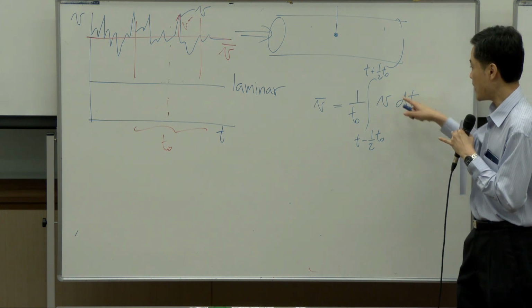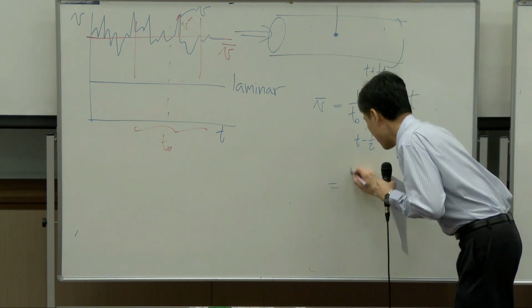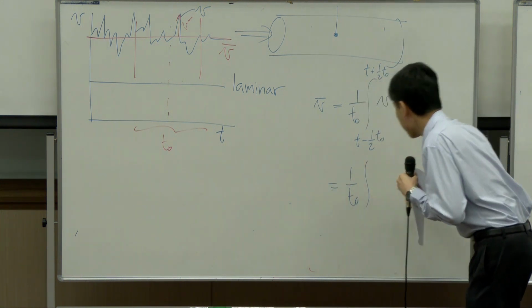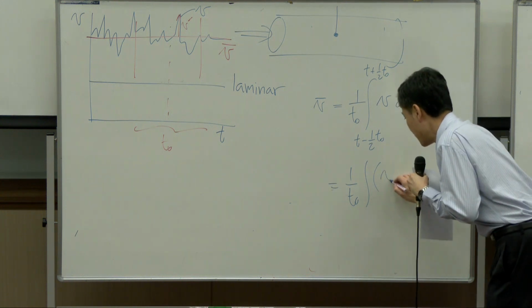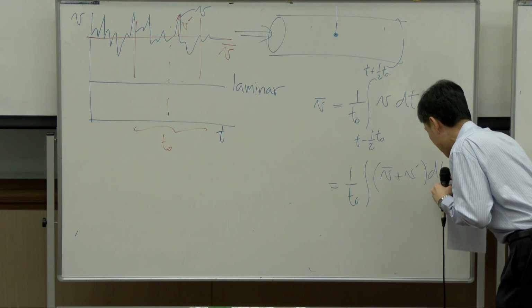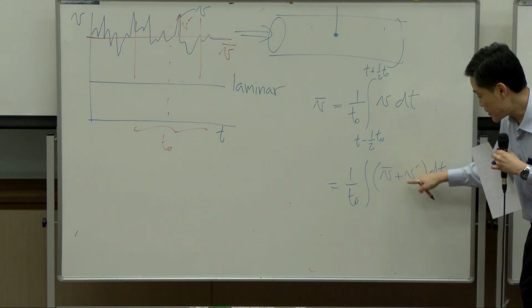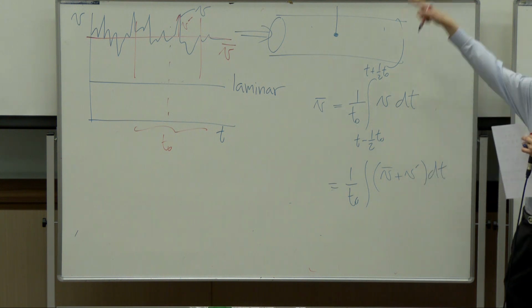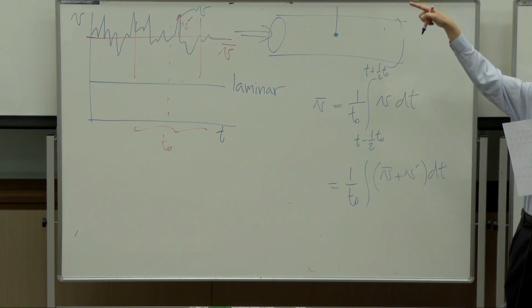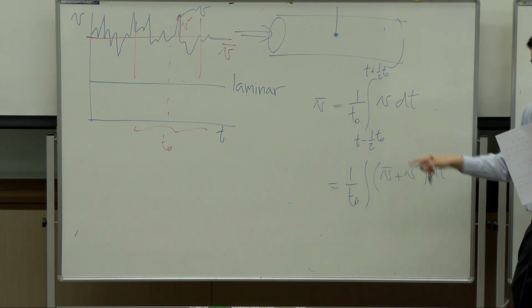So if you replace this velocity, it's essentially V bar plus fluctuation. This fluctuation can be positive, that means it's higher than average velocity. It can be negative, that means it's lower.